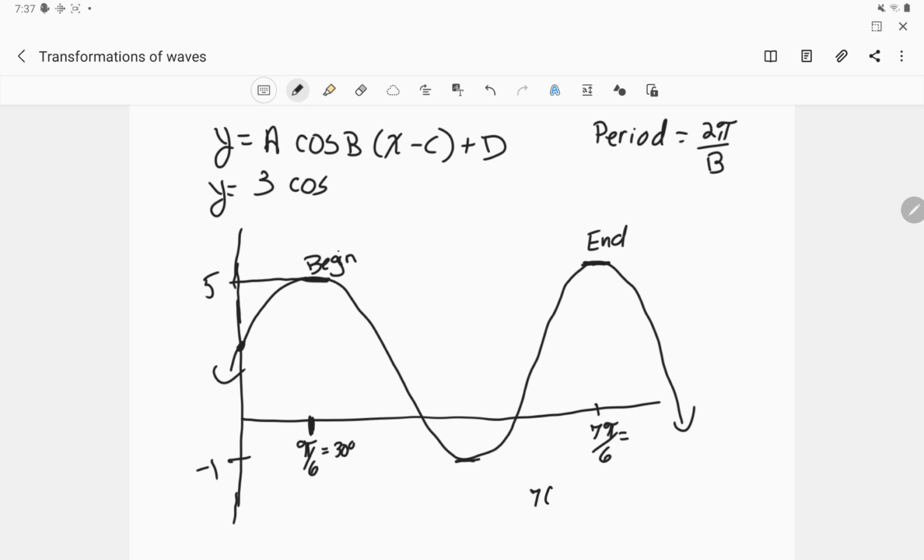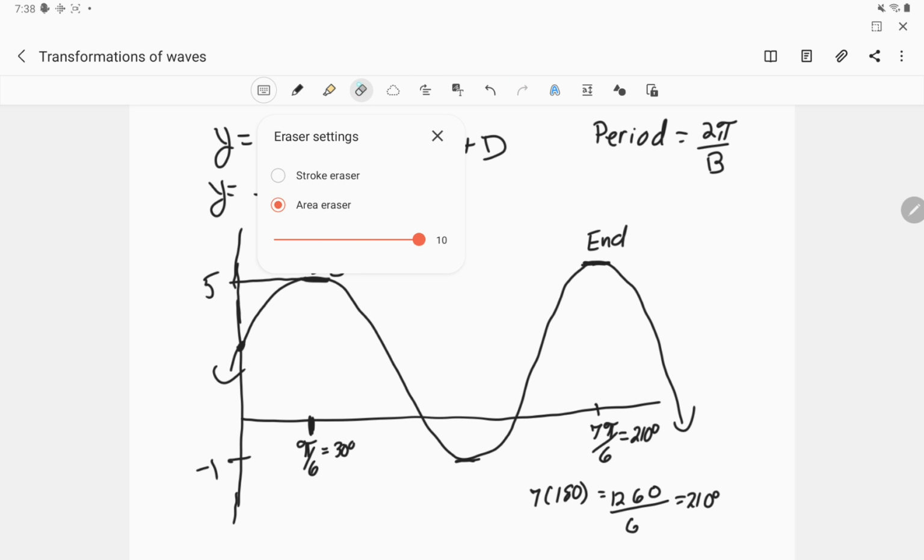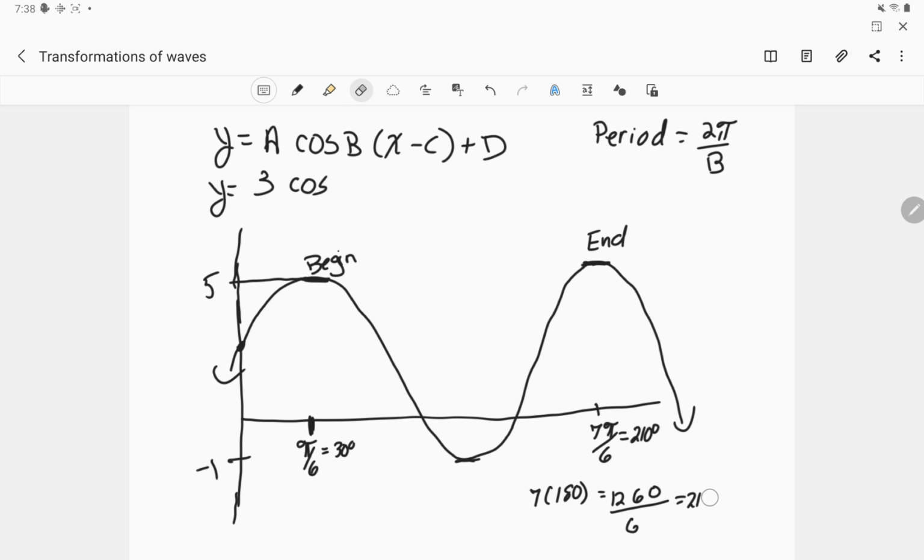So let me just do 7 times 180, which is 1260, divided by 6, so that would be 210. Okay, so that was just me doing a little bit of quick math there, because I'm too lazy to go get my calculator.